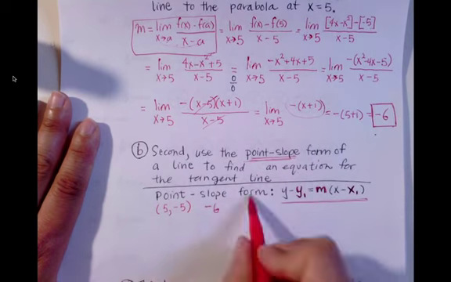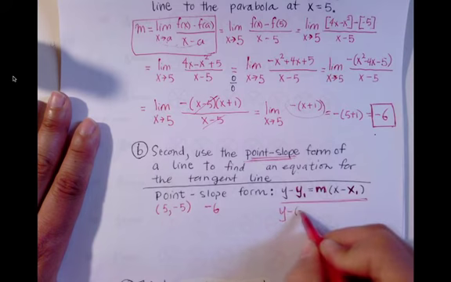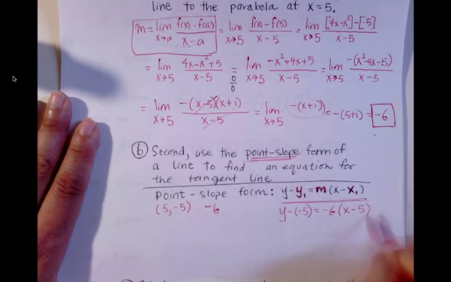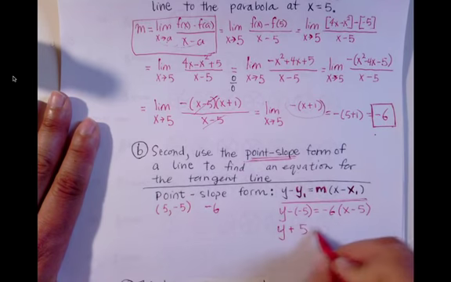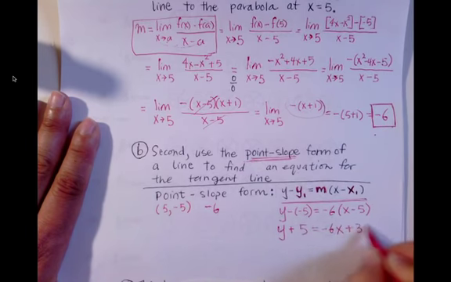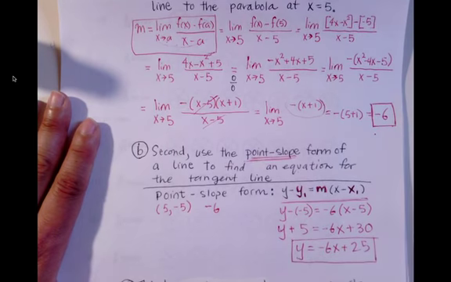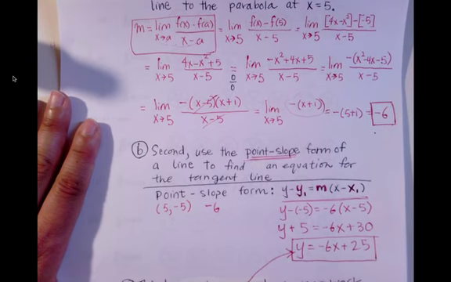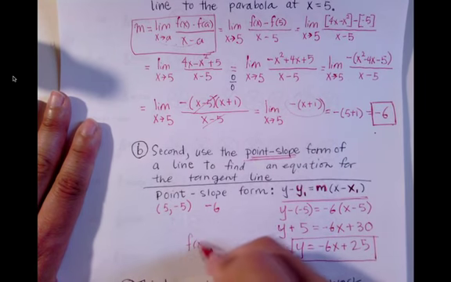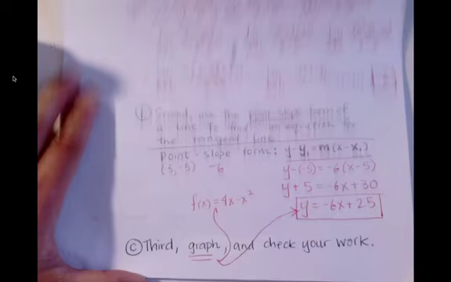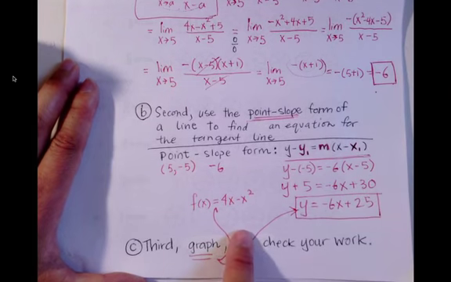So the point-slope form of my line is y minus negative 5 is equal to negative 6 times x minus 5. And this is the equation of my tangent line. The next thing you might want to do is graph your tangent line with your function to check your work. That's something you can do here.